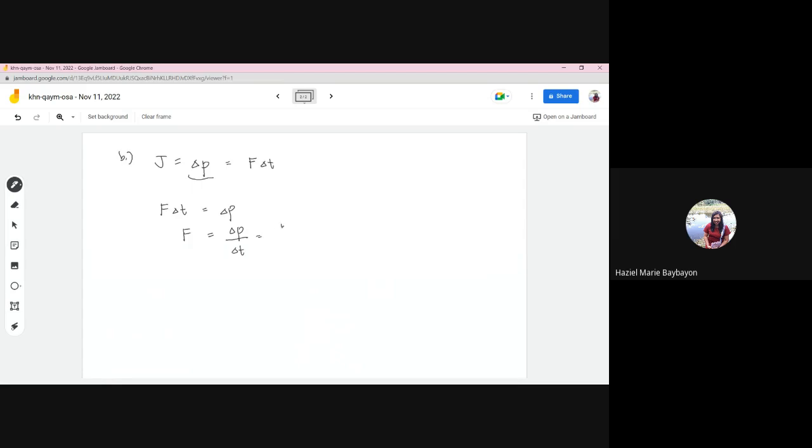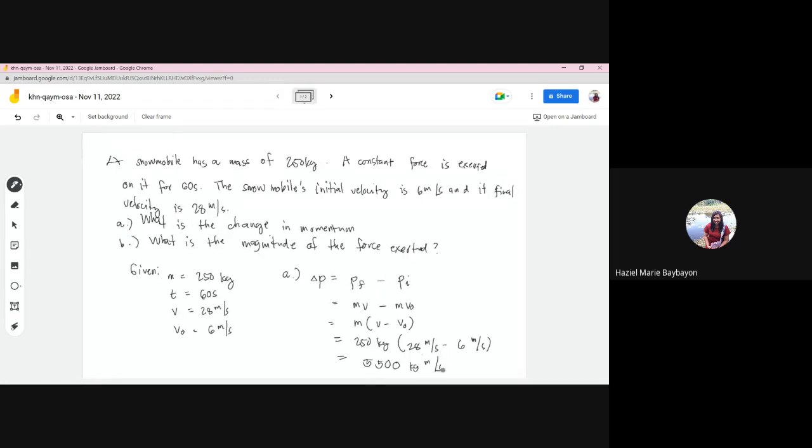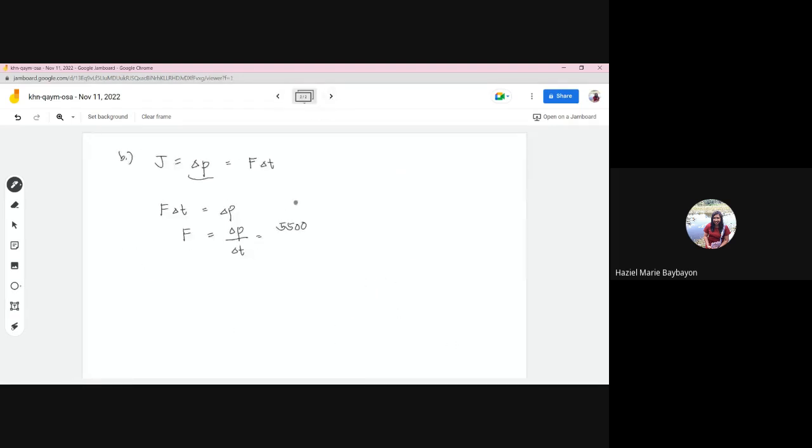So you have 5,500. Nag-calculate mo, class, is it really 5,500? Yes, ma'am. 5,500. Another unit for momentum aside from kilogram meter per second is Newton second. Okay?